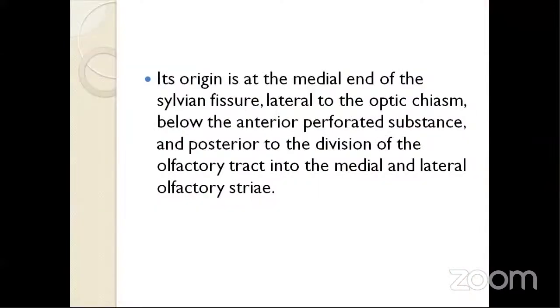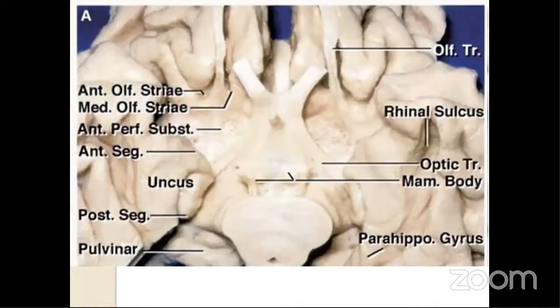So the origin of the middle cerebral artery is at the medial end of the Sylvian Fissure, lateral to the optic chiasm, below the anterior perforated substance, and posterior to the division of the olfactory tract. This image is showing the anatomy. So this is the optic chiasm, and this is the medial end of the Sylvian Fissure.